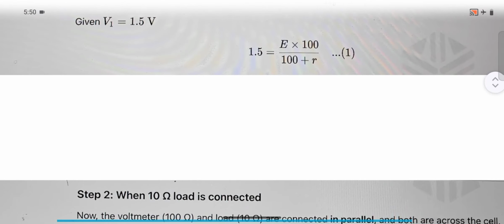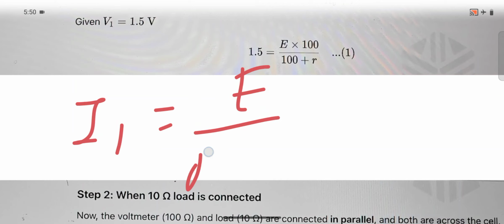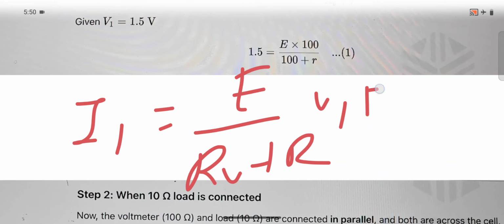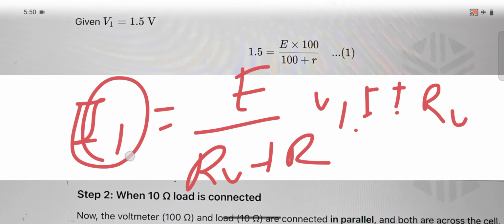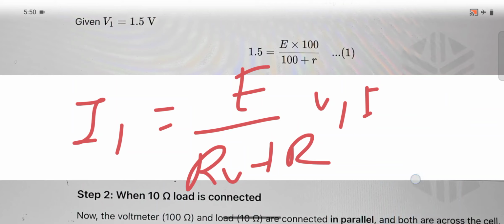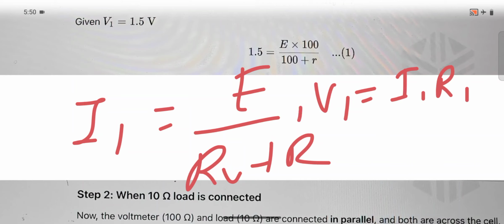Using the formula, we have calculated I1 is equal to E divided by RV plus r, and V1 is equal to I1 RV. So we put the value of I1 in the second formula.